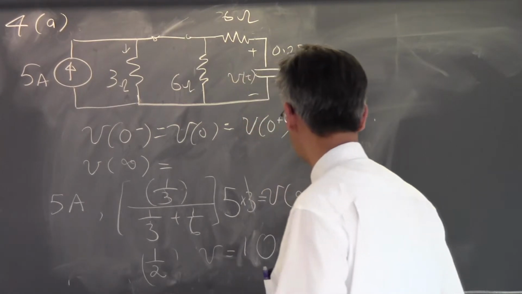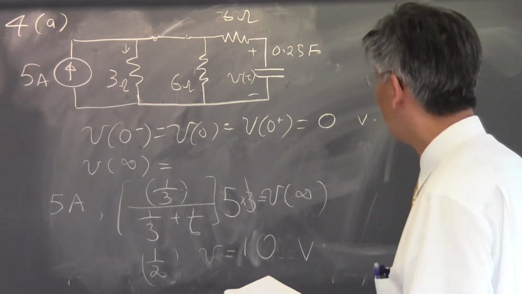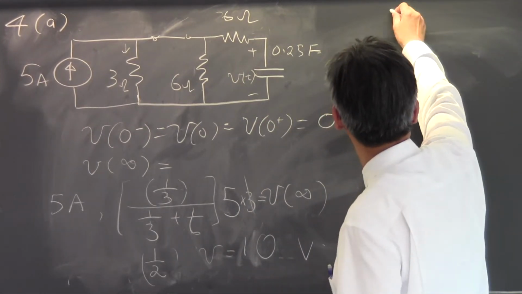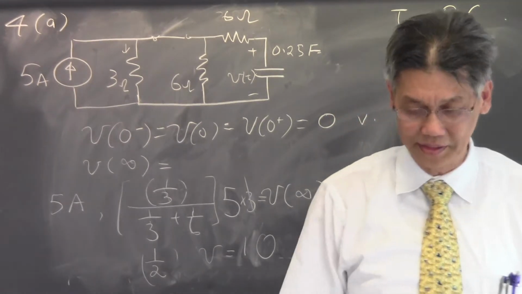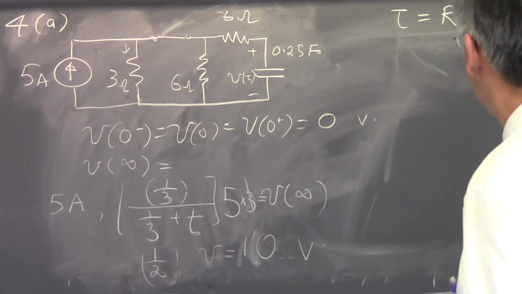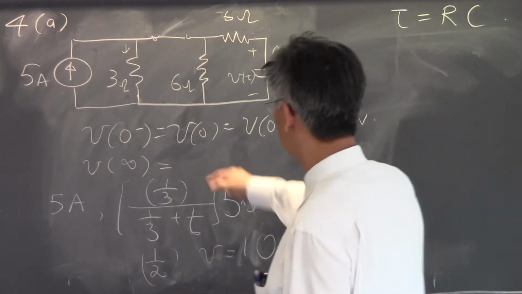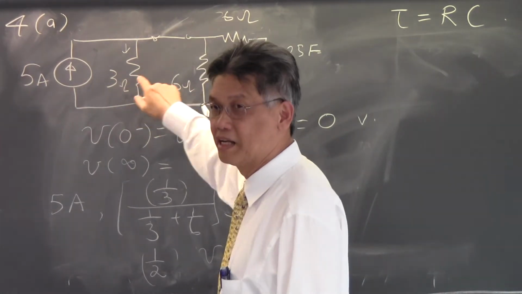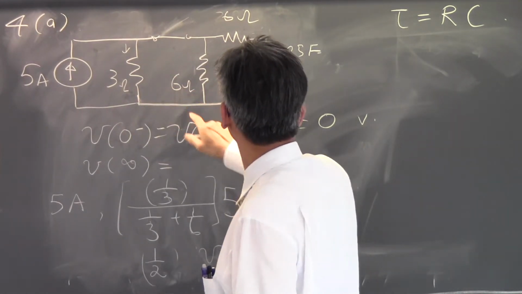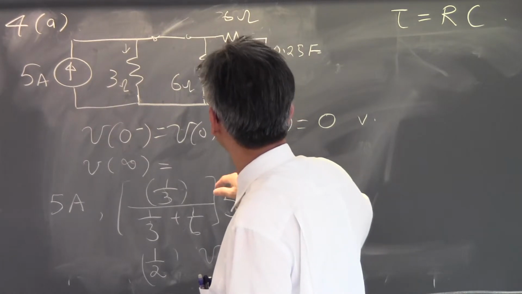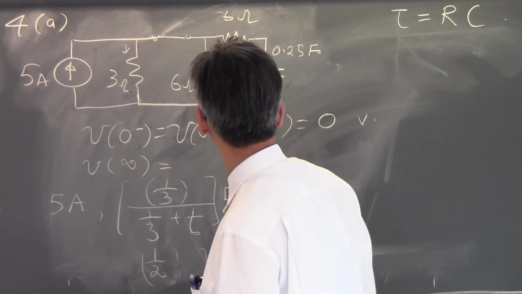10 volts. And then what is the time constant for this? The time constant is the RC time constant in this case. What is R? R would be the parallel connection of these 2. The parallel connection of this is 2 ohms, right? And then plus 6.